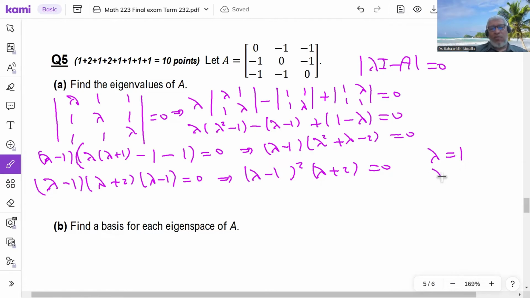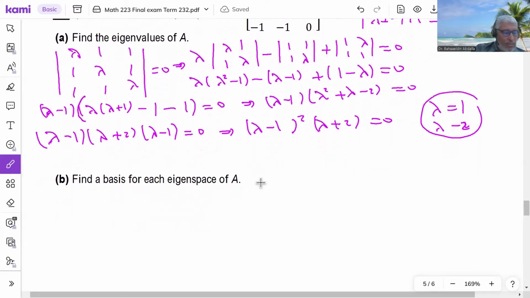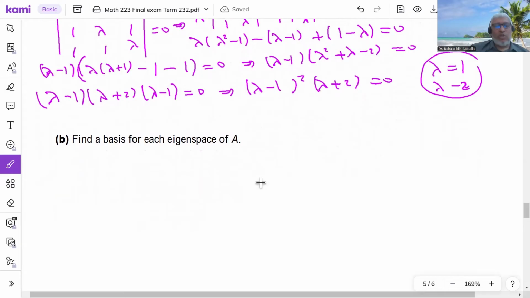So the eigenvalues are 1 and negative 2. But notice that 1 is repeated. Find bases for each eigenspace of A. So let me start with lambda equals negative 2.